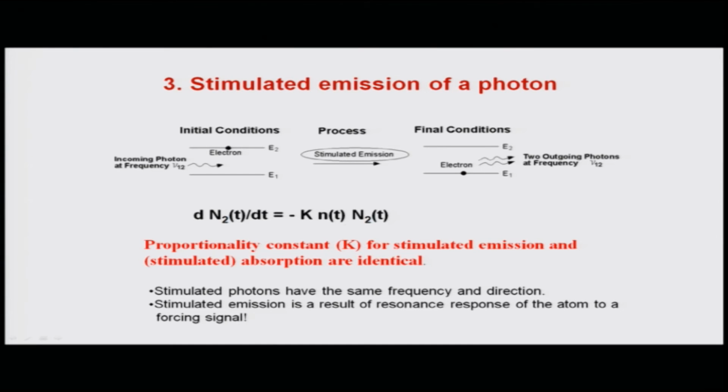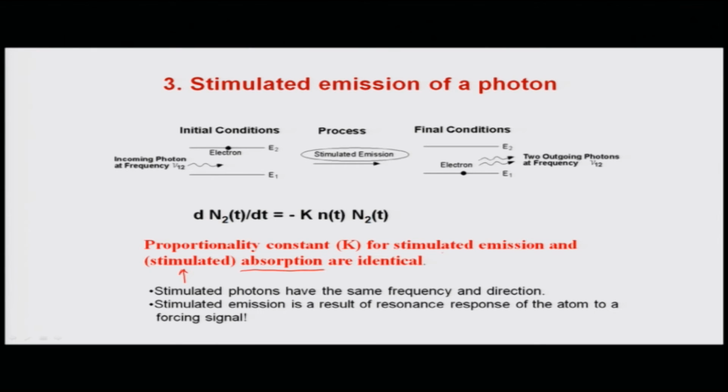Similarly, for the stimulated process, we have this number of photons interacting with the number of excited systems, and we can have the output as shown. This proportionality constant for stimulated emission and stimulated absorption is identical. The word stimulated is in brackets because we are providing the photon.